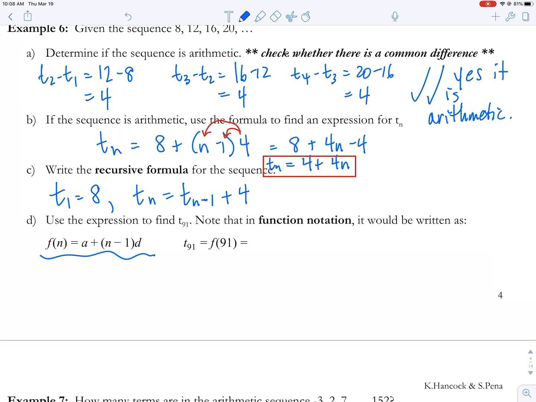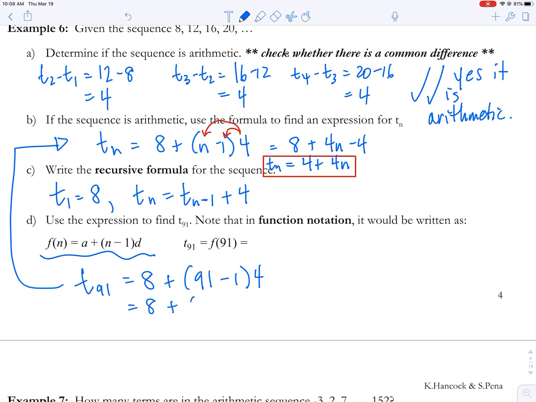So if we want to find f91 or T91, T91 is going to equal 8, I'm just using the formula from right here, 8 plus 91 minus 1 times 4. So that's 8 plus 90 times 4, which equals 8 plus 360, which equals 368. So T91 would equal 368.